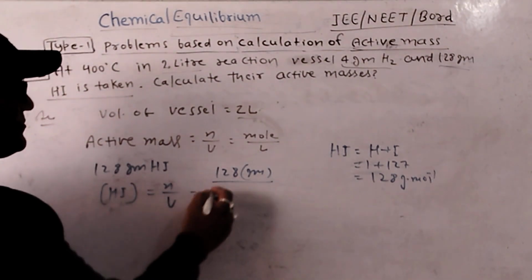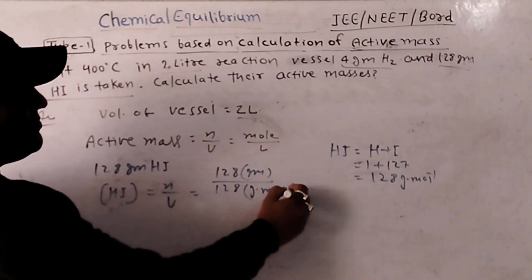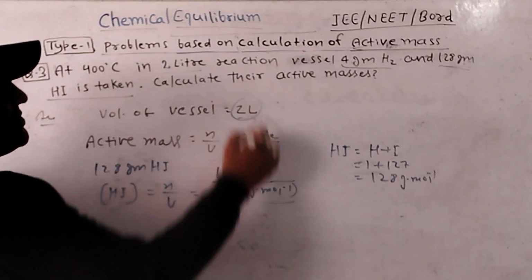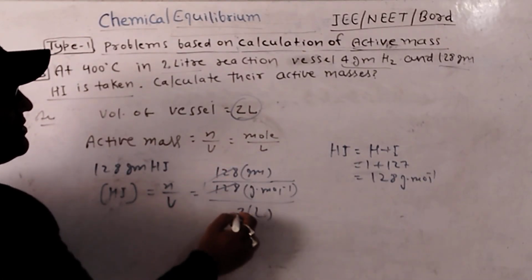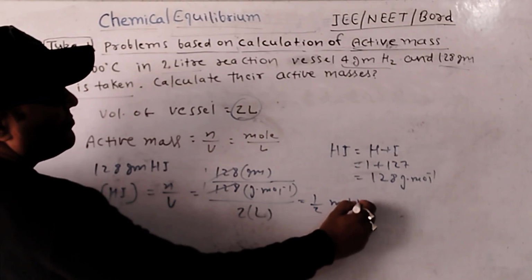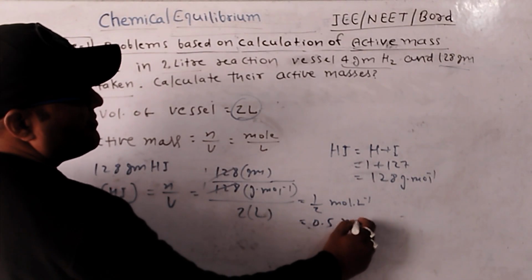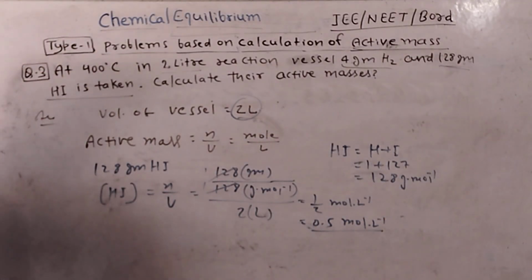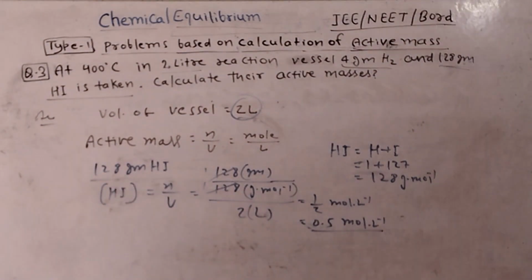So 128 gram divided by 128 gram per mole, and the volume is 2 liter, so divided by 2 liter. After calculation, 1 by 2 mole per liter, or 0.5 mole per liter. This is the active mass of 128 gram of hydrogen iodide. You can take a screenshot.